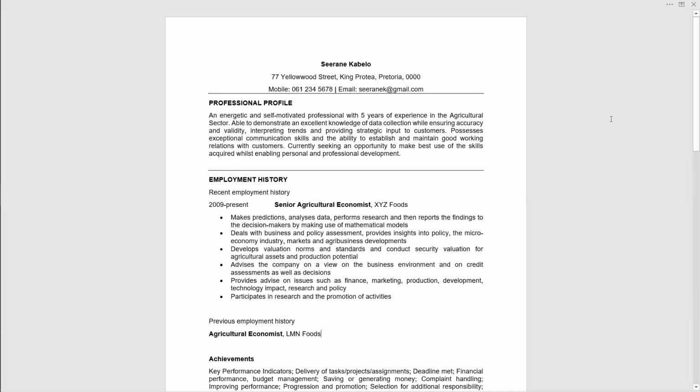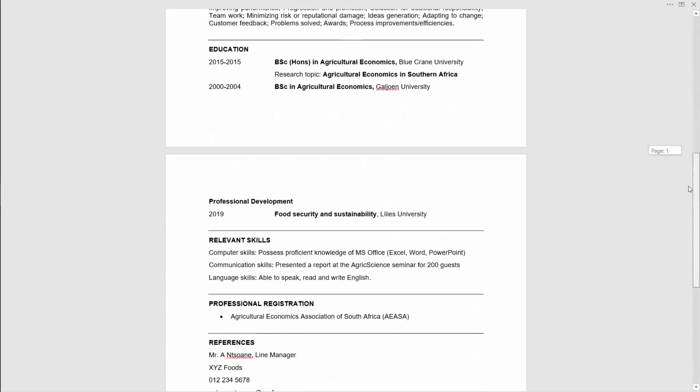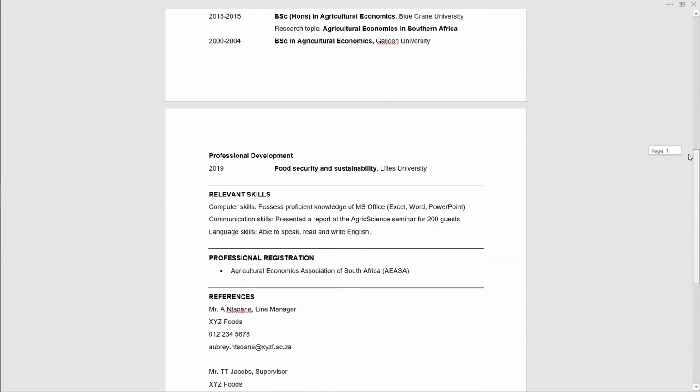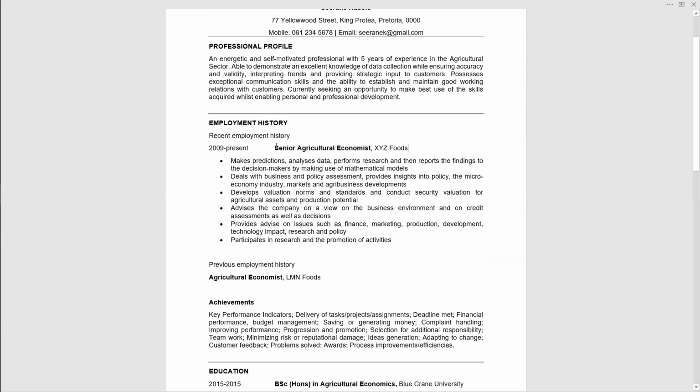And also ensure that you use the same formatting throughout your CV. And my last advice is that when you make use of the bold function, always make sure to bold important things that you want the recruiter or your potential employer to first notice when they see your CV.